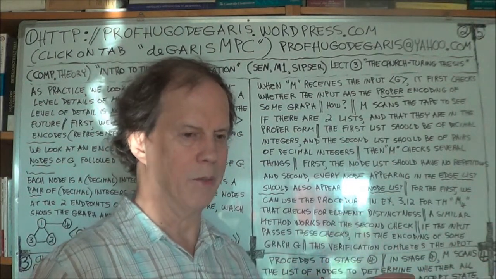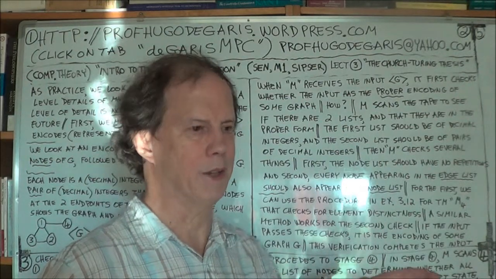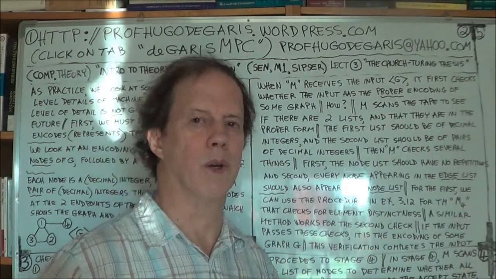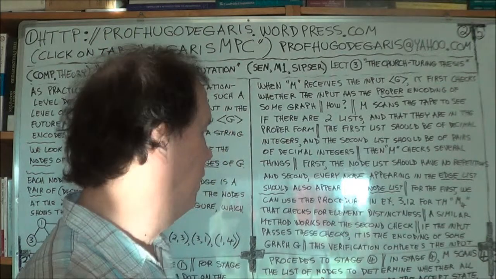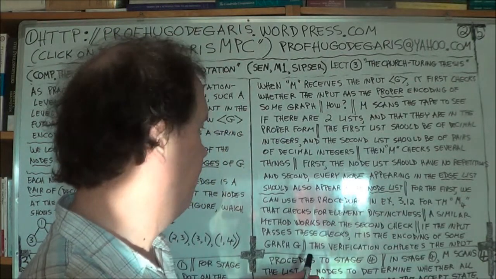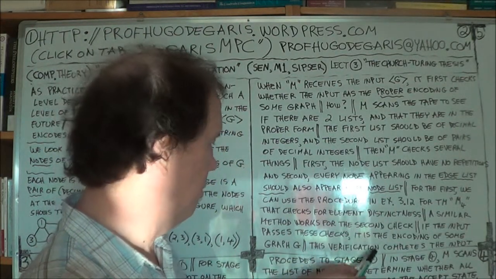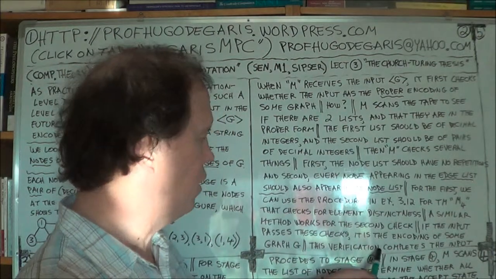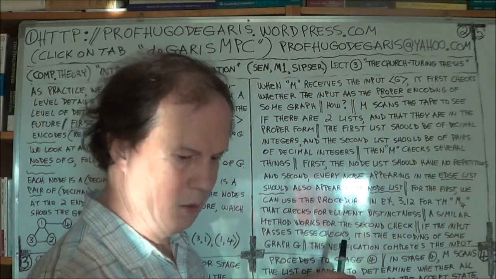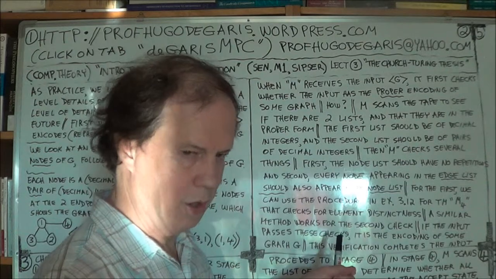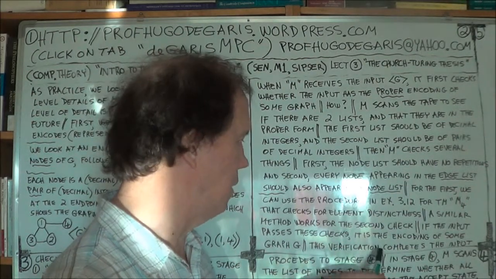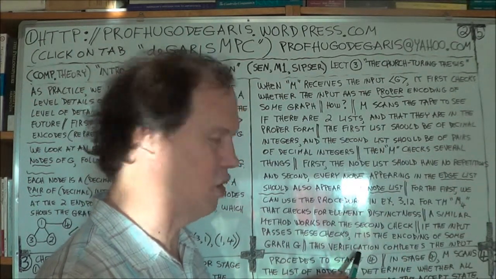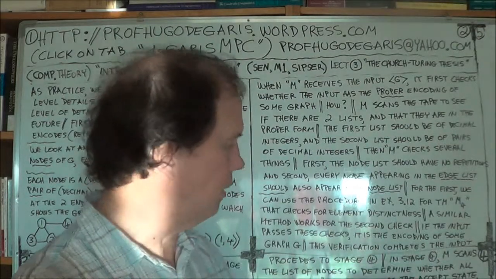You know that the information coming in is of the correct form. It has the correct format, and now the real work can start. So this is a preliminary verification process, checking that the format of the input string is correct. Now assume that the verification, the checking, has been completed.